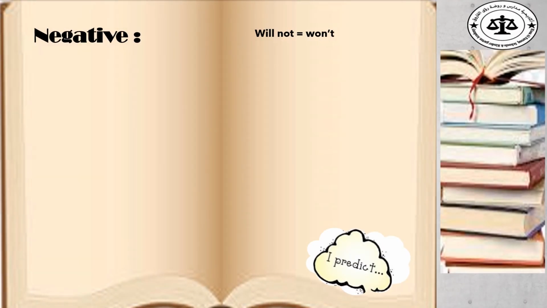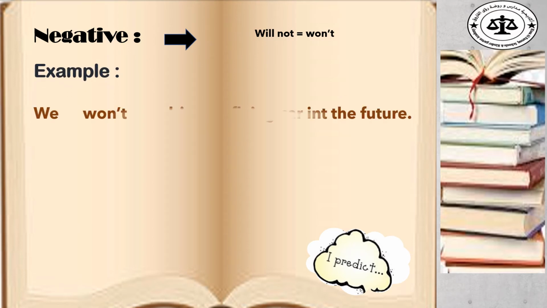Now, how can we negate the sentences by using will? We say will not or won't. Look at this sentence. We want to drive flying cars in the future. We will not drive flying cars in the future. So we negate this sentence by using will not.